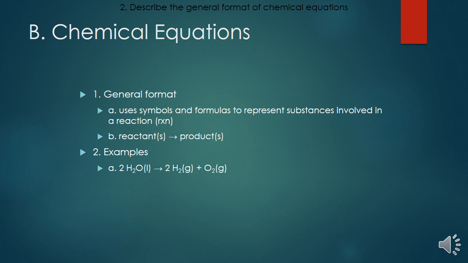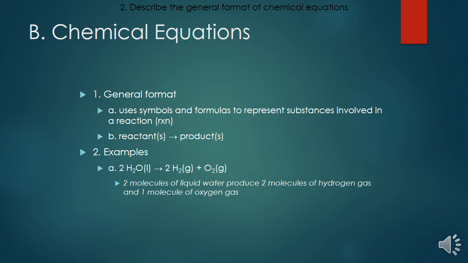Well, we could write this exact same equation using a sentence, and here's how that sentence might read. This will help us understand some of these symbols we might not be familiar with. The sentence might read something like this: 2 molecules of liquid water produce 2 molecules of hydrogen gas and 1 molecule of oxygen gas.